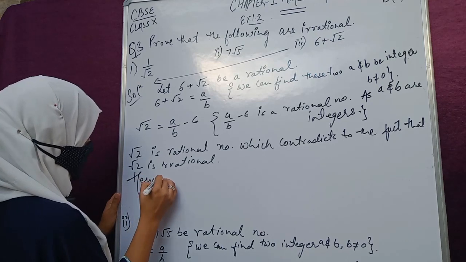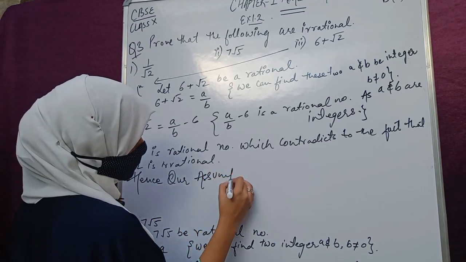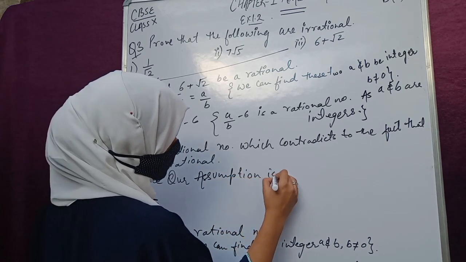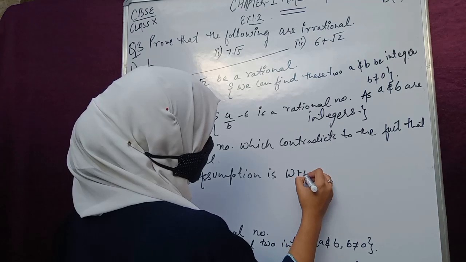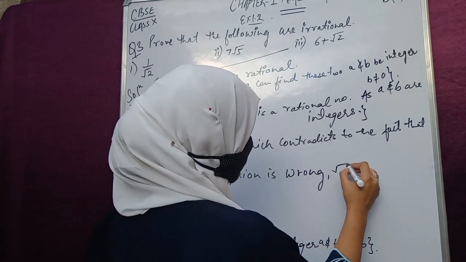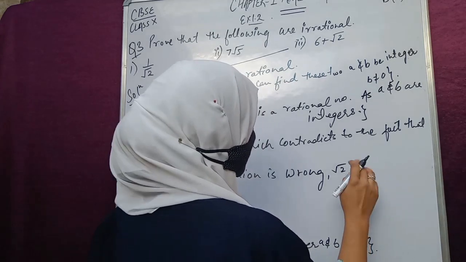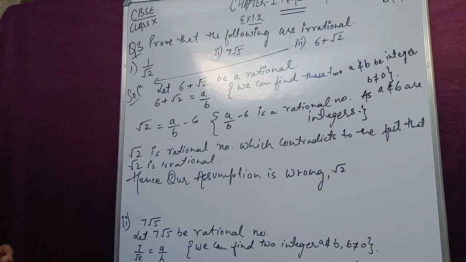Hence, our assumption is wrong. Square root 2 is irrational, or we can say full question पे लिख सकते हो.